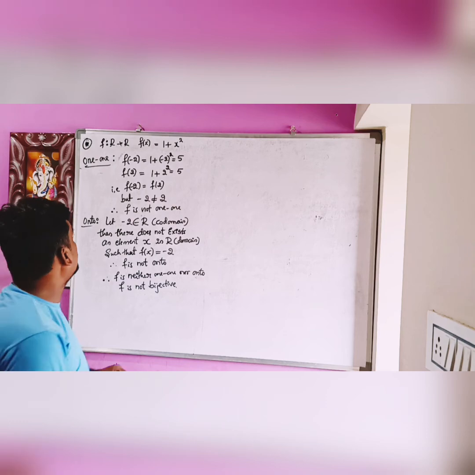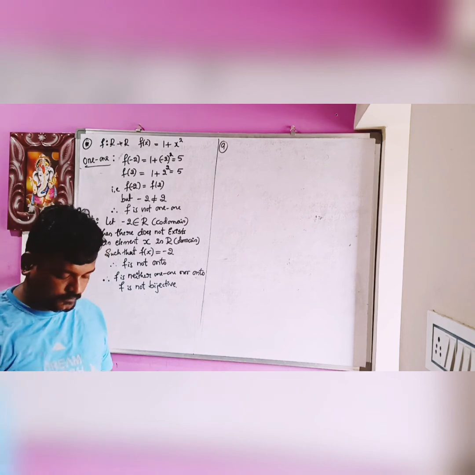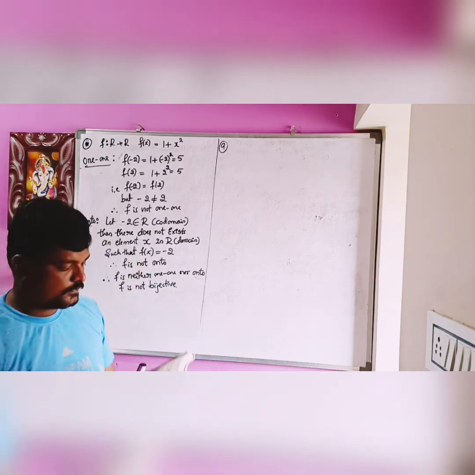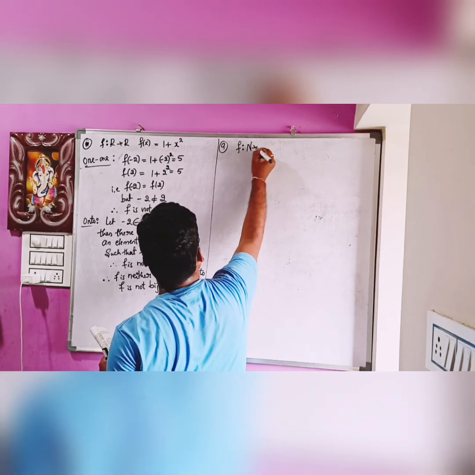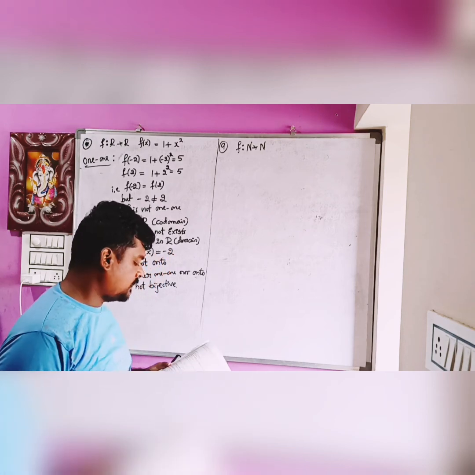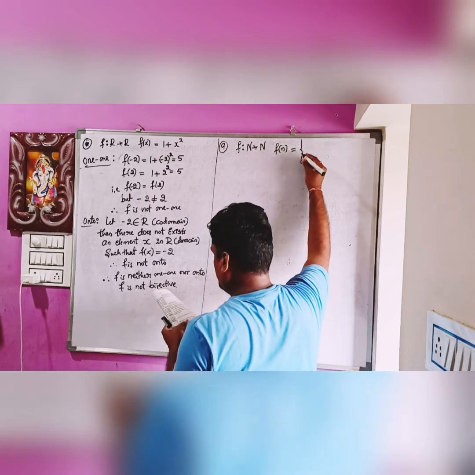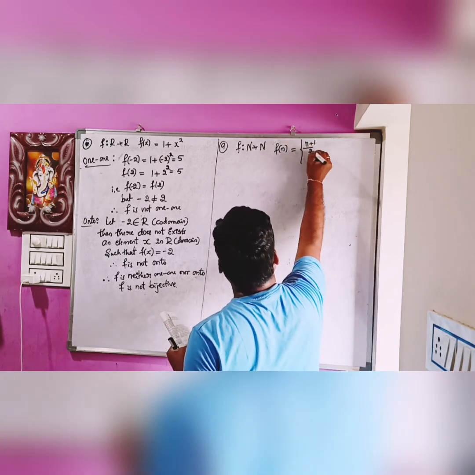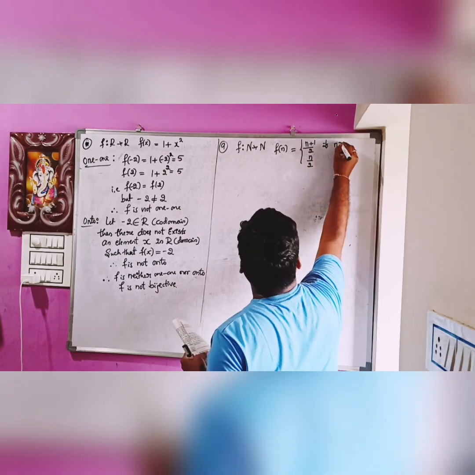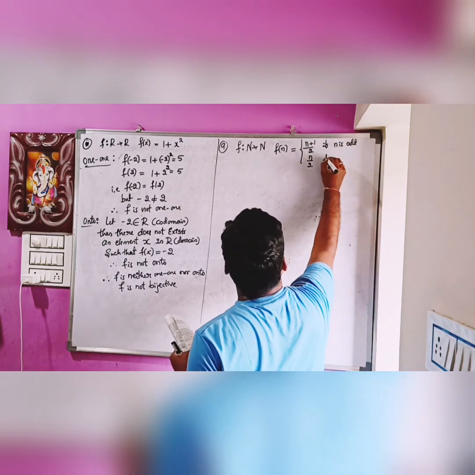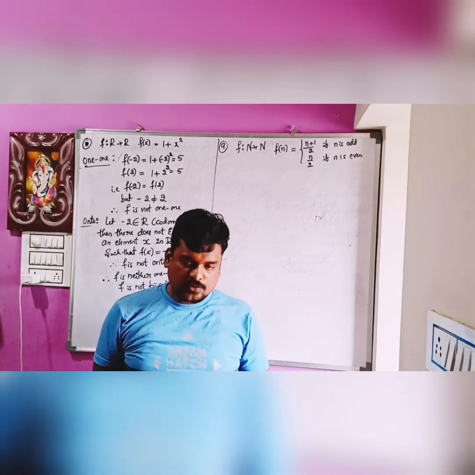Next, question number 8 we have already done. Question number 9. f is defined from N to N, natural numbers to natural numbers. f of n is defined as (n plus 1) by 2 if n is odd, and n by 2 if n is even, for all n belongs to natural numbers.